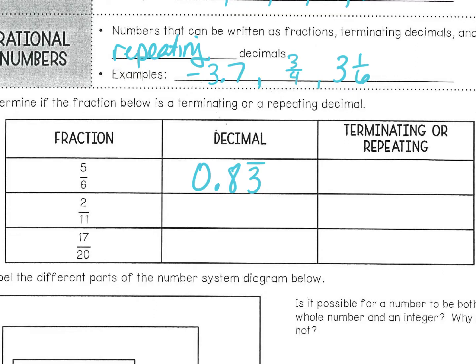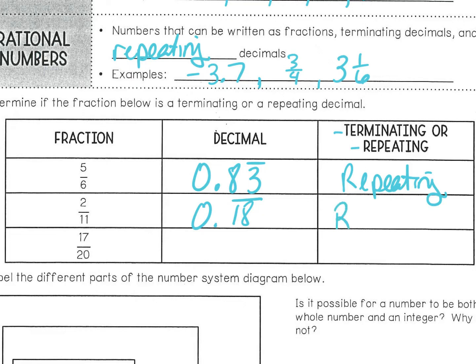Then we decide, is it terminating or repeating? We know that because this one repeats, it's 0.83333, so this is repeating. Okay, then we go 2 divided by 11, hit enter, get ourselves a decimal, 0.1818, 18, 18 repeating.